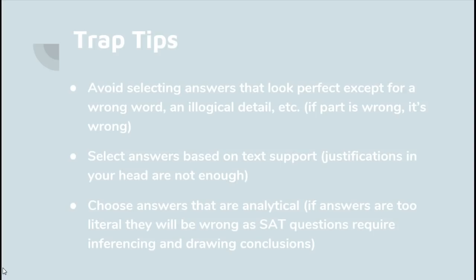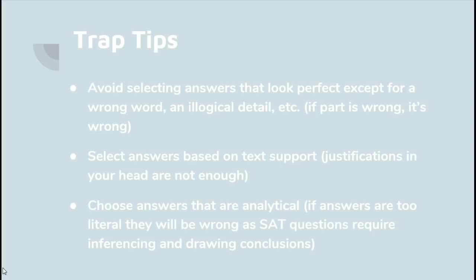Remember that POE tells you to use your process of elimination. So eliminate answers that have one wrong detail, because test makers include those types of answers in order to throw you off track.